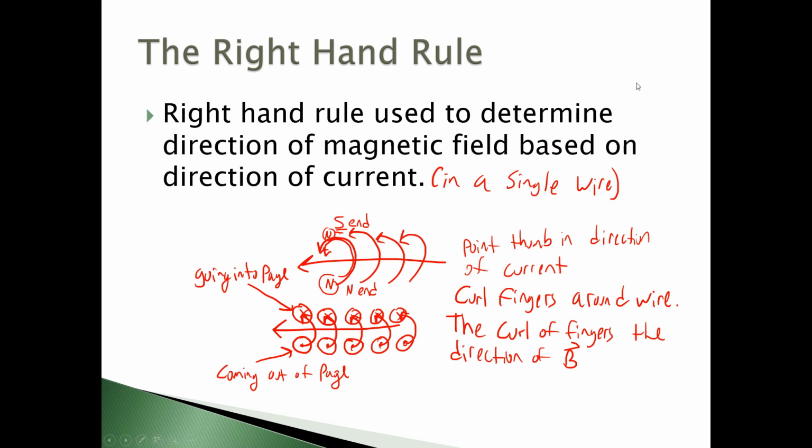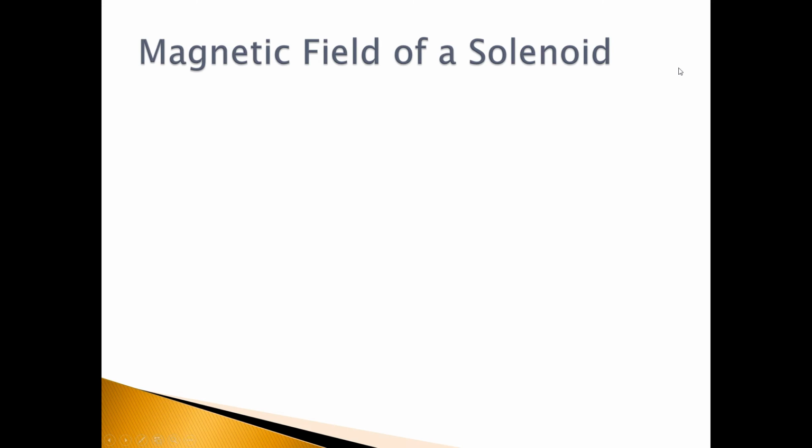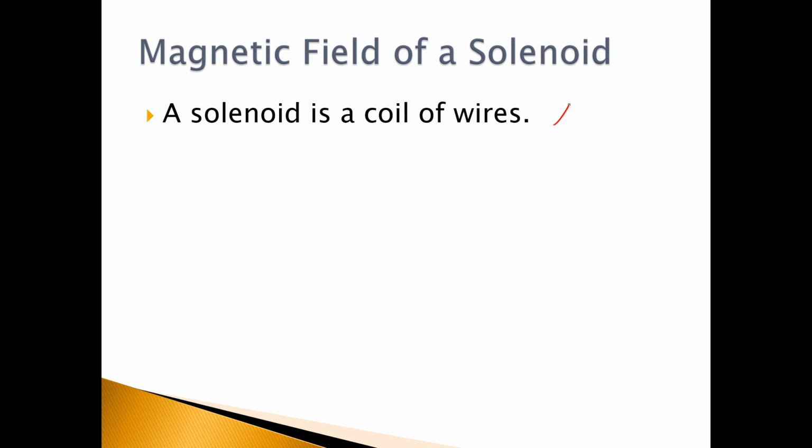Now, if you're using a coil of wires, that is what we call a solenoid. A solenoid is just a bunch of wires all coiled together. So if I were to draw a picture of a solenoid, it would look like this. Coil of wires, like this. Yeah, so that's a solenoid.